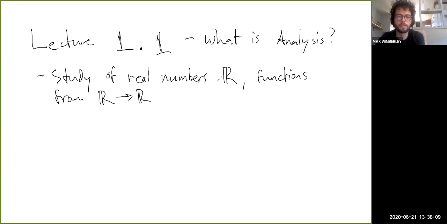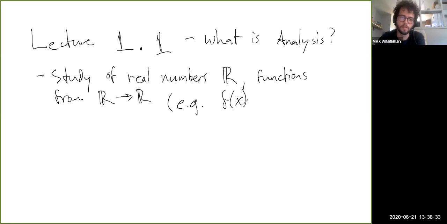So we want to study the real numbers themselves and functions from the real numbers to the real numbers, which means basically functions which accept one variable as input, that variable being a real number, and output a single real number as their value. You've seen this before. You probably all have a concept of what a function is.